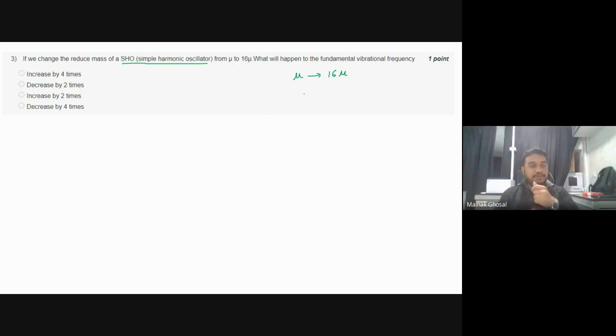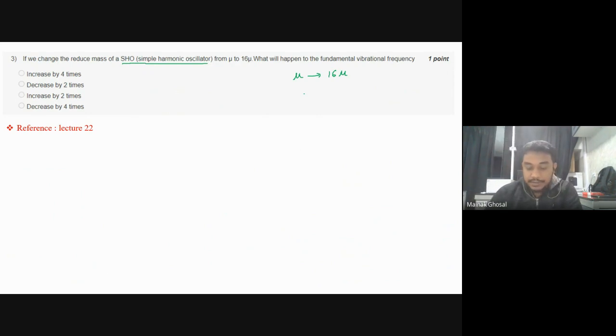Decrease by how much, 2 times or 4 times? Do it, and I'm also explaining slowly.